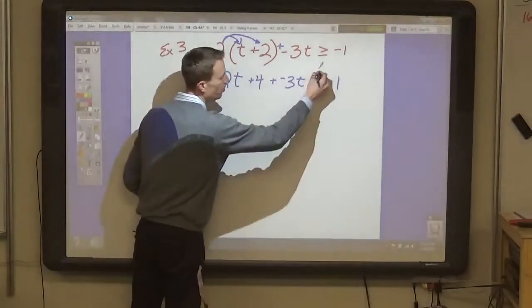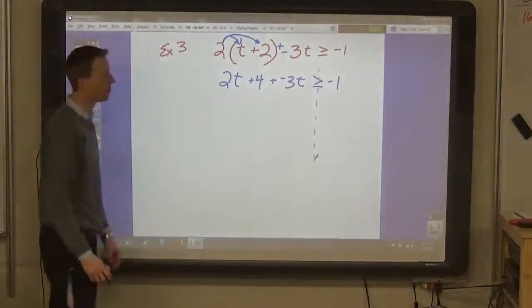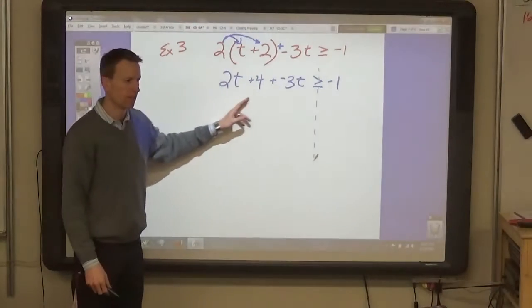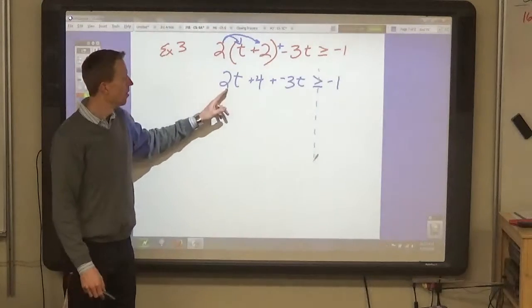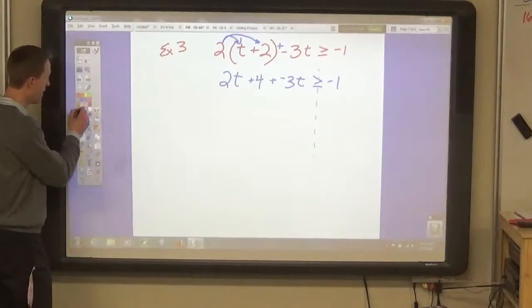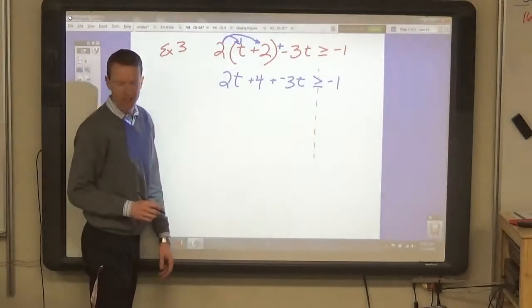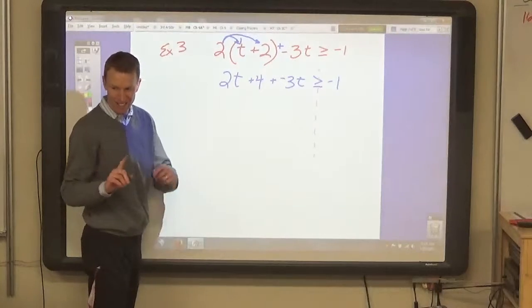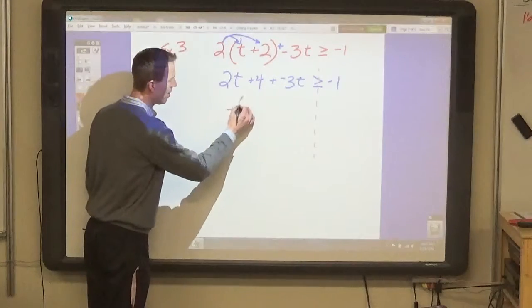So now look at the 2 sides. Is there anything more we can do to simplify this first? Yeah. 2 and negative 3 is negative 1. Yep.